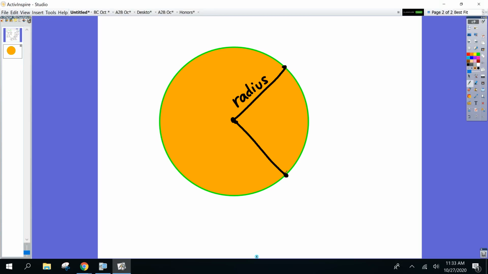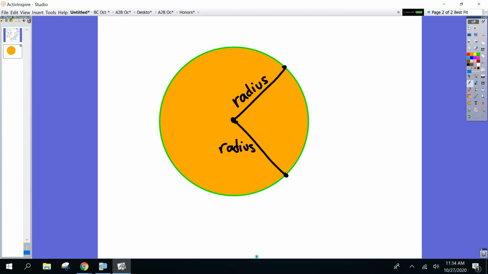Congruent. Take the C out and change it to a G. Congruent, yes.